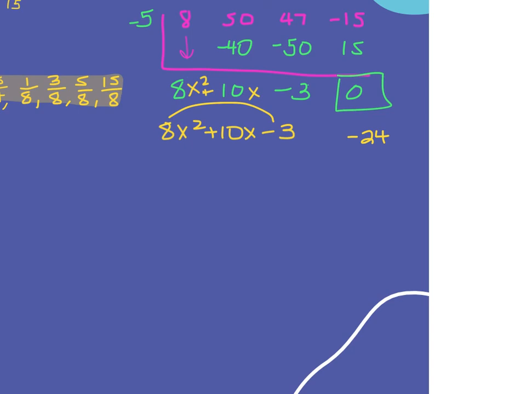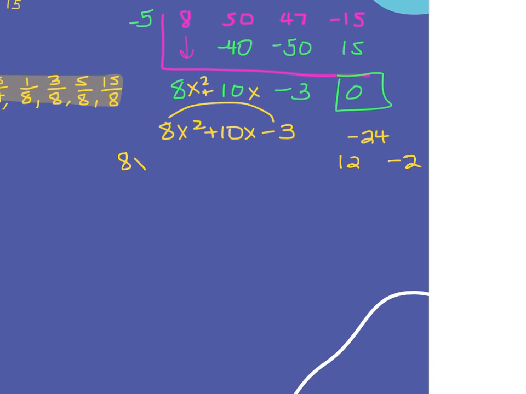Are there factors of negative 24 that sum to positive 10? Negative 6, negative 4 does sum to negative 10, but not positive 10. Hang on. 12 and negative 2. Good. Positive 12, negative 2, multiply to give me the negative 24, and then add to give me a positive 10.